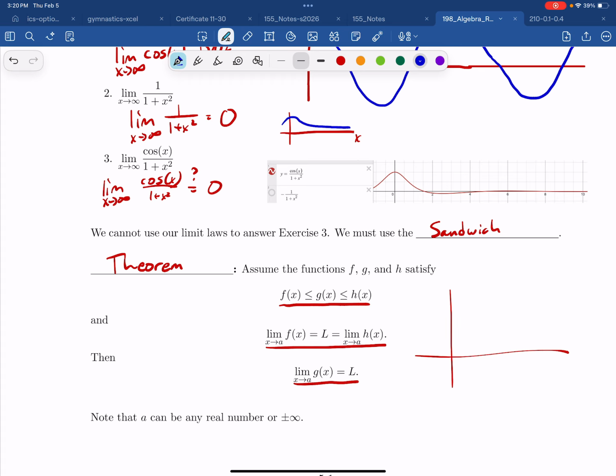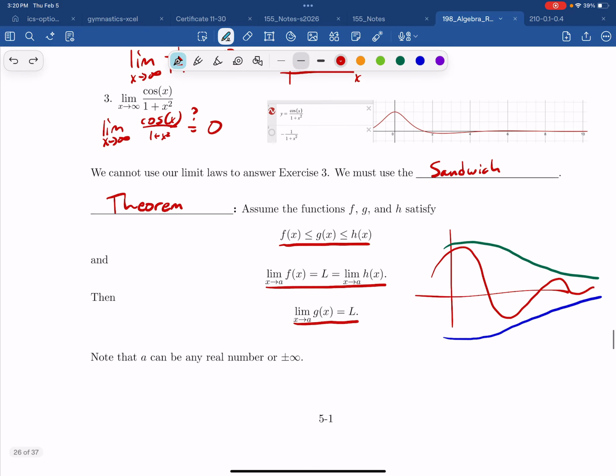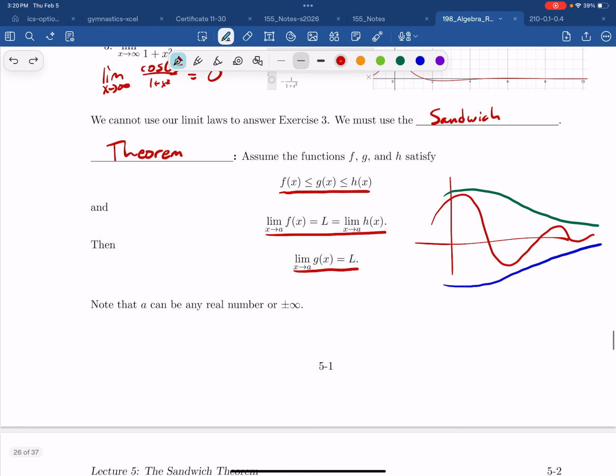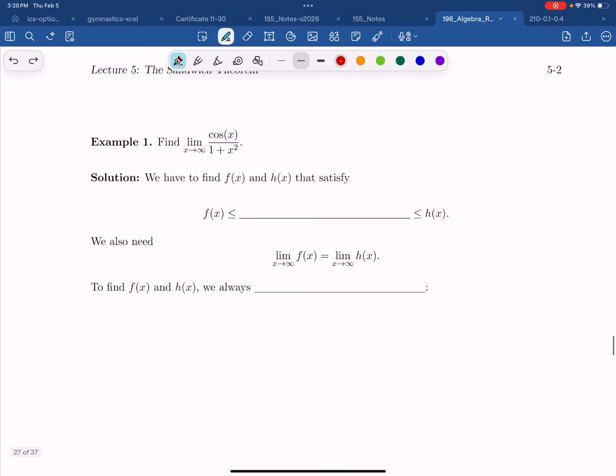So if we have our function, and it does this sort of thing, and then we have a function bounding it above that kind of does this, and then another function bounding it below that kind of does this, and these functions have the same limit, then this guy winds up getting squeezed in between them, and it's got to have the same limit too. Okay? And this works for limits for x approaching any real number or plus or minus infinity. Very useful.